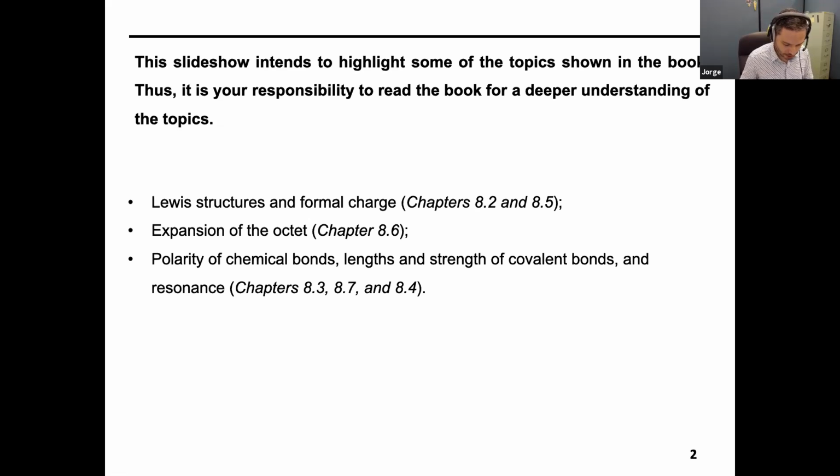Okay, and this is the point that I will take a short break here and reinforce some things that we need to change attitude. So starting here, it is your responsibility to read the book, okay? This is a very dense class.